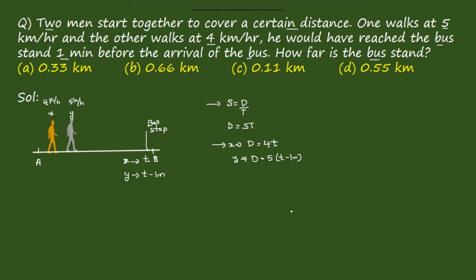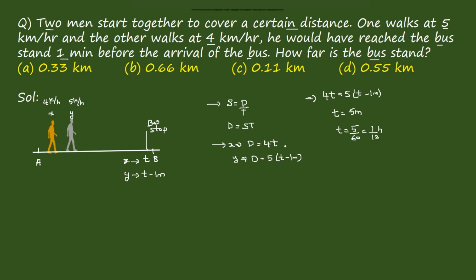Alright, both of them are equal, so equate it: 4t is equal to 5 into t minus 1 minute. Then you get t is equal to 5 minutes. If we convert into hours, t is equal to 5 by 60, which is equal to 1 by 12 hours.